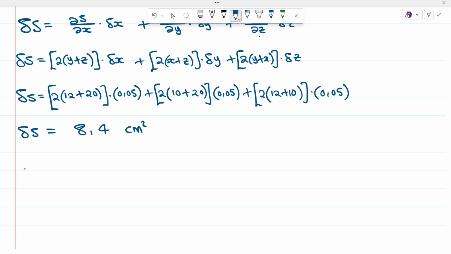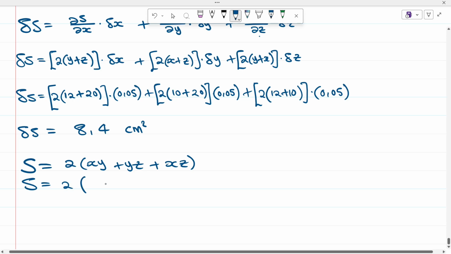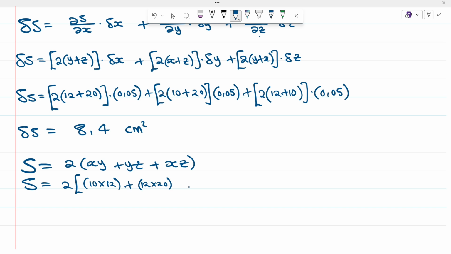Our total surface area s equals 2 into (xy plus yz plus xz), which is 2 into (10 multiplied by 12, plus 12 multiplied by 20, plus 10 multiplied by 20).